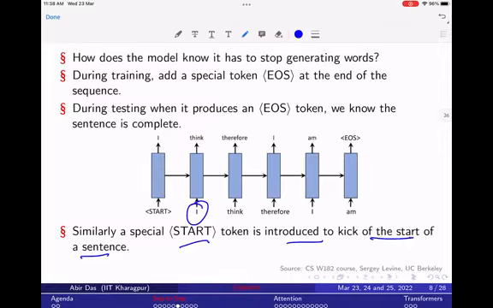You just sample according to the frequency distribution of the first words in your corpus. But this is a more elegant way.